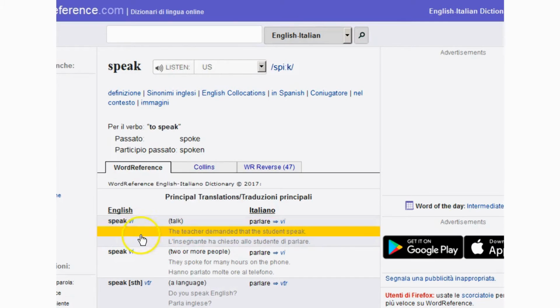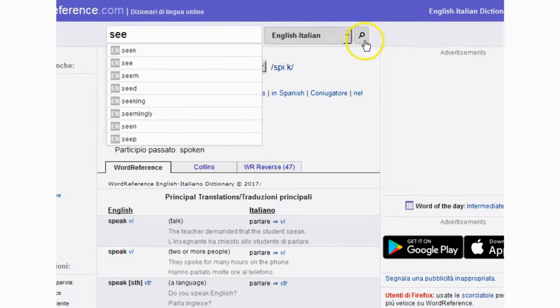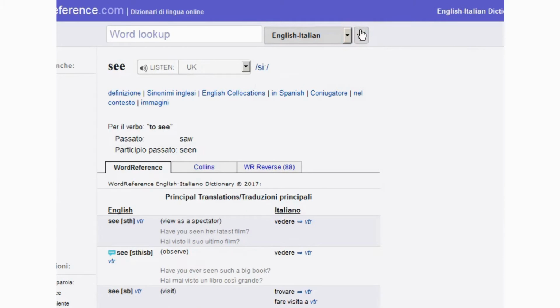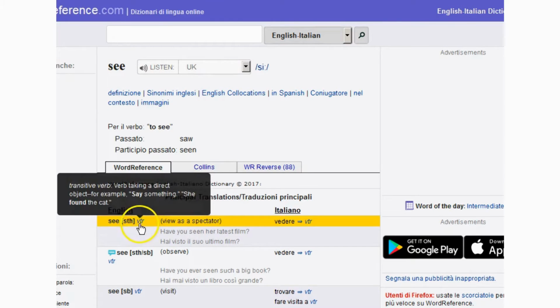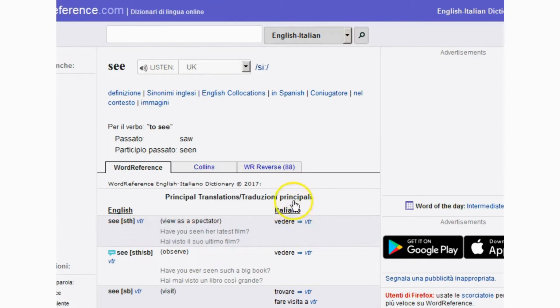Now here it says, and here it says, so this verb has 2 different semantic forms, but you're not concerned with that now. Let's go to the verb to see. Vedere. It ends with ere.